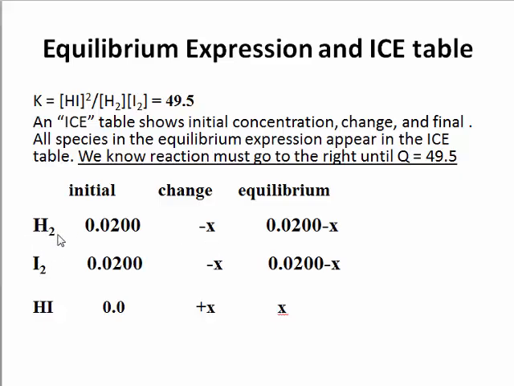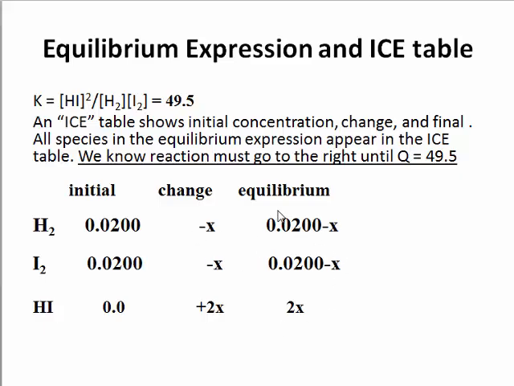Because of the balanced equation, 1 mole of H2 to 1 mole of I2, the change in concentration for these two species is the same amount. We'll call it minus x. Meanwhile, the concentration of HI is increasing by 2 times that amount.